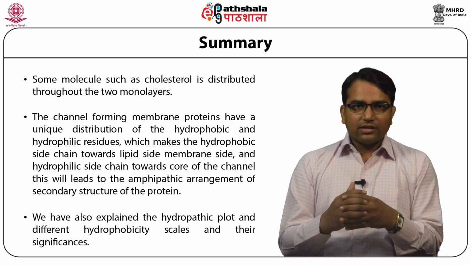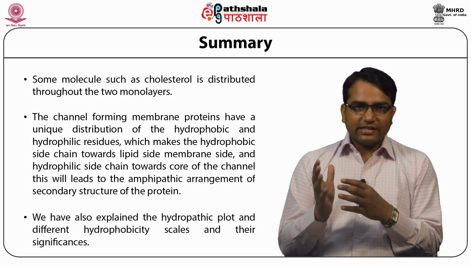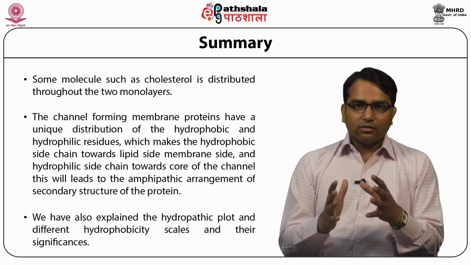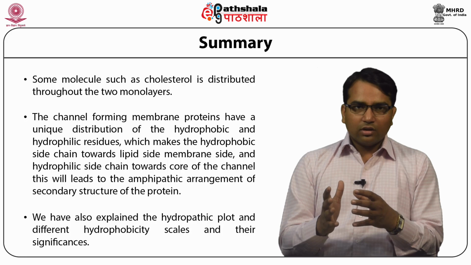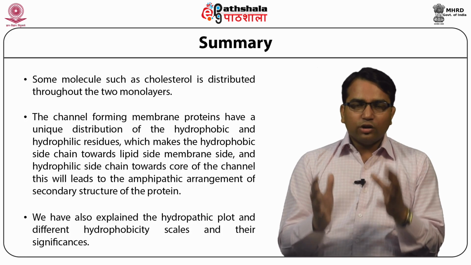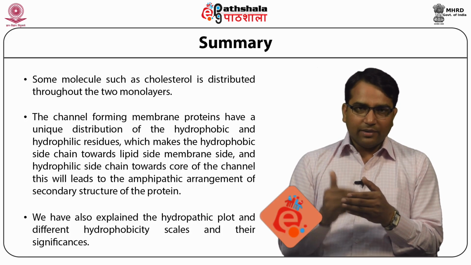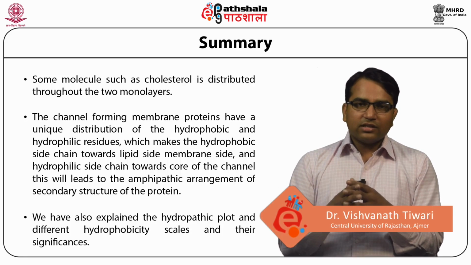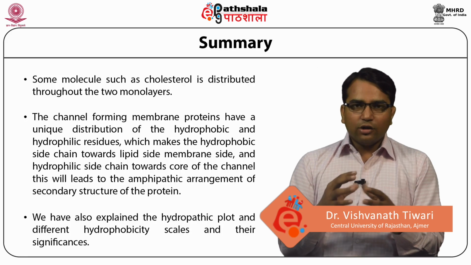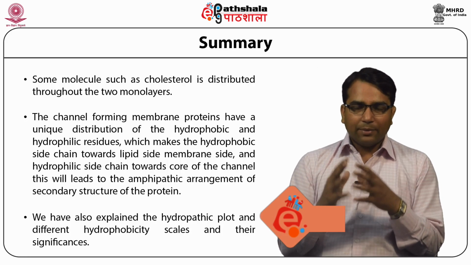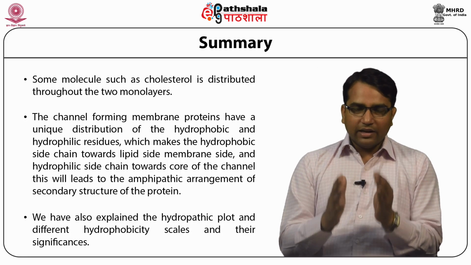We have also discussed the different hydrophobicity scales that are in use. So in this module we have discussed how asymmetry is important for the membrane, and how hydropathy plots are used to predict the fate of a peptide or protein in the membrane.